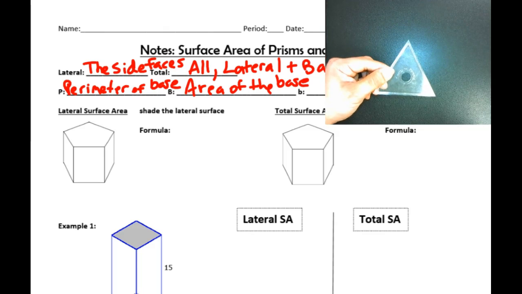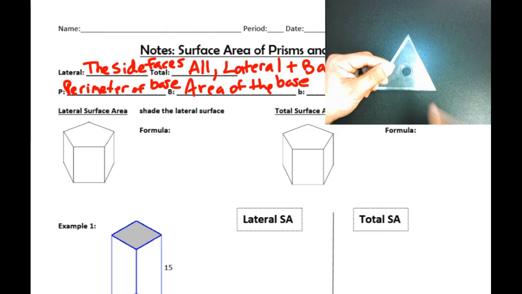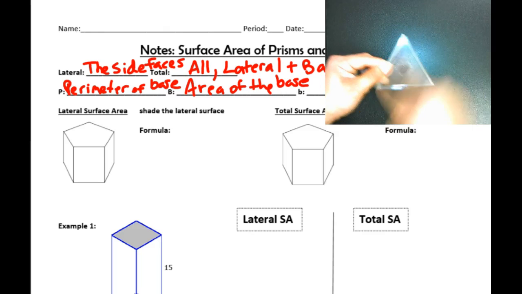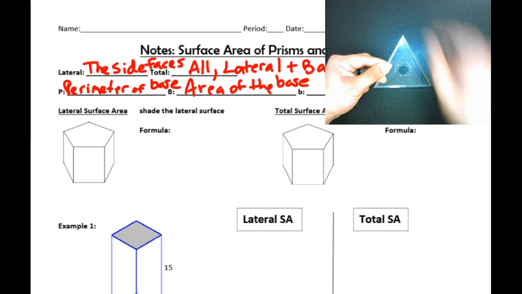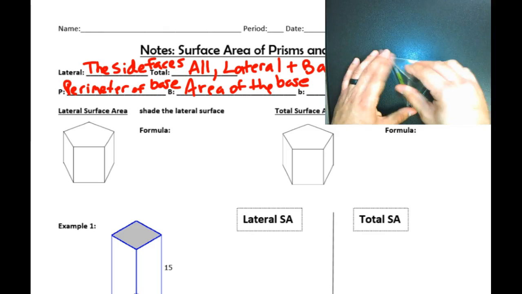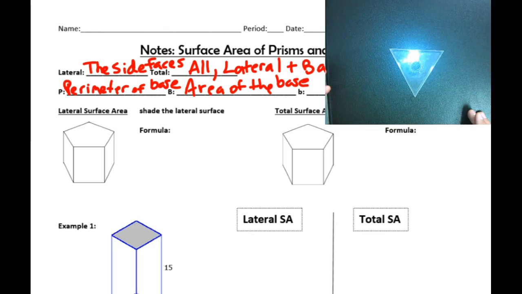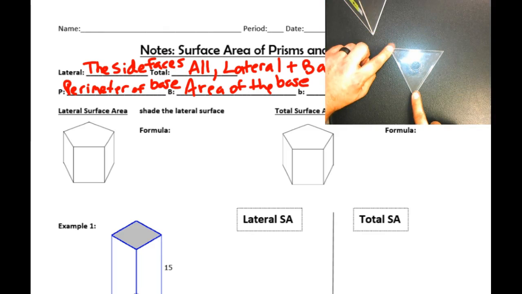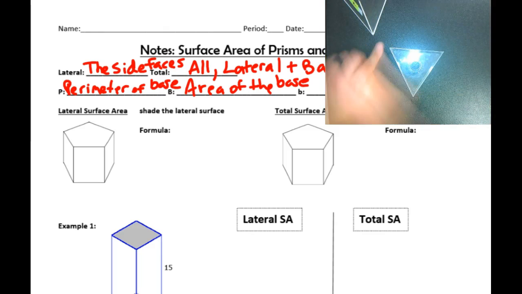Does that make sense? Again, big B, where's that? There it is. It's a triangle. Little b is the distance from here to here. So big B is a shape, area. Little b is a length, distance. If it still doesn't make sense, it will once we do some examples. But I did want to explain that.